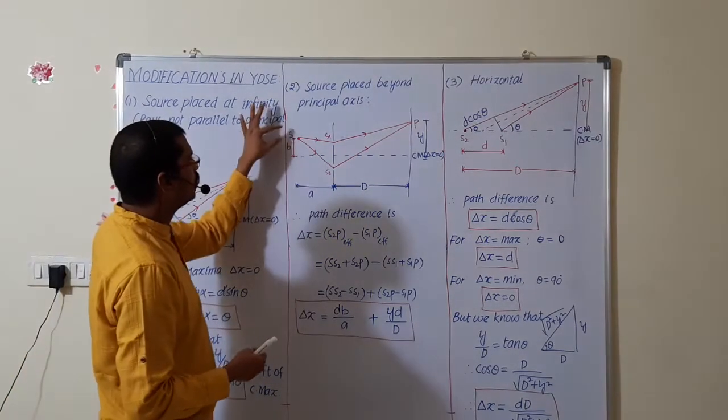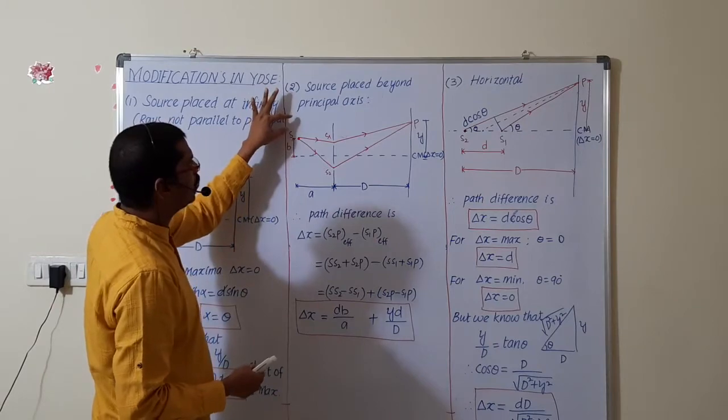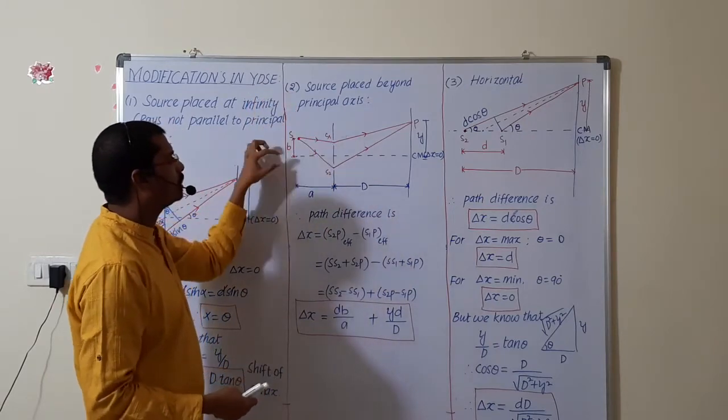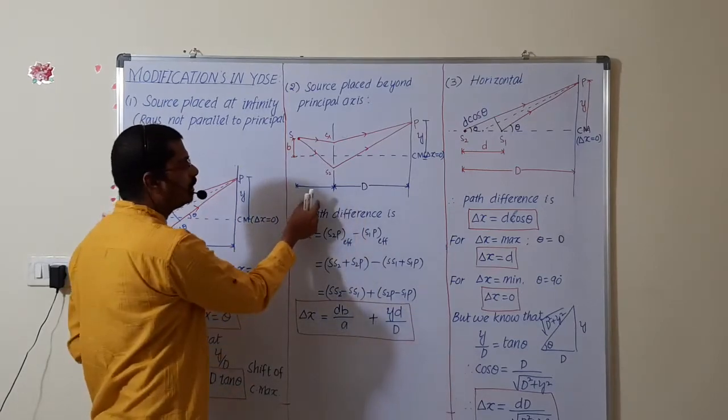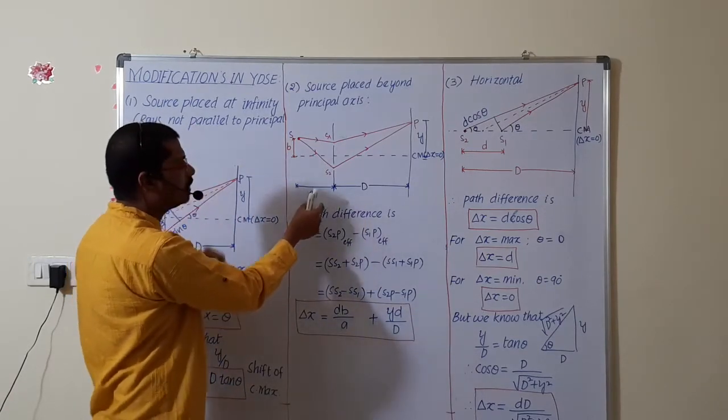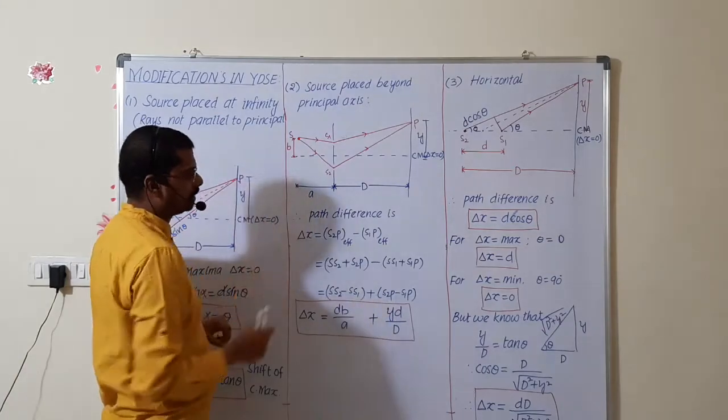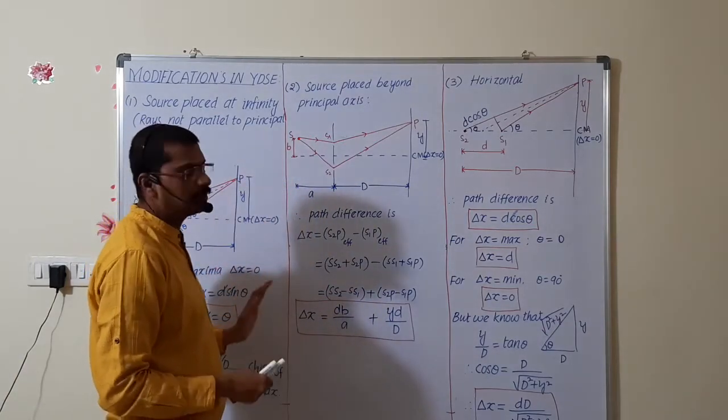Here also, the source is placed above or below the principal axis at a finite distance, where the earlier one was at infinite distance. The condition is the same for both.